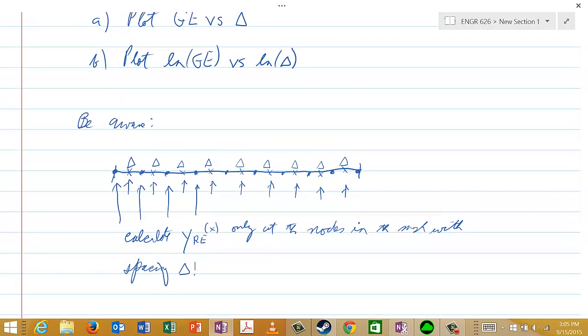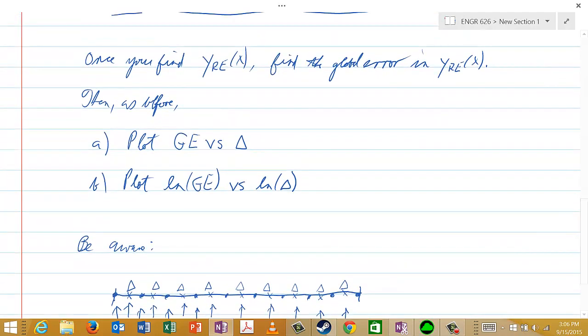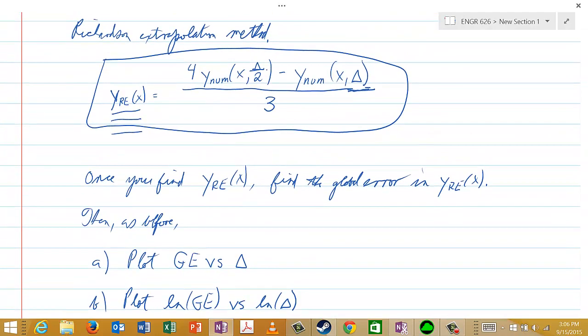So just to summarize, let's make sure you understand. The first time through the loop, delta will be equal to h. But you will need to get two solutions: one with delta equal to h, and another with delta equal to h over 2. You will take those two solutions and calculate the Richardson extrapolate solution using this formula.